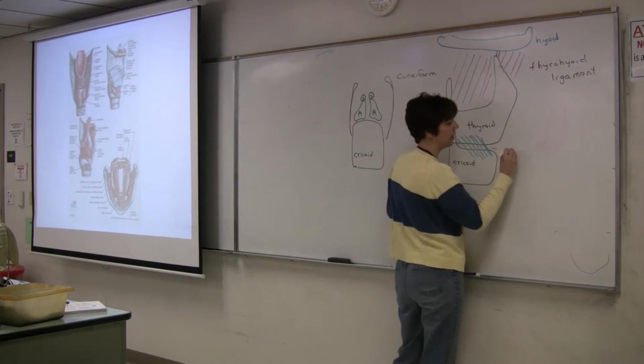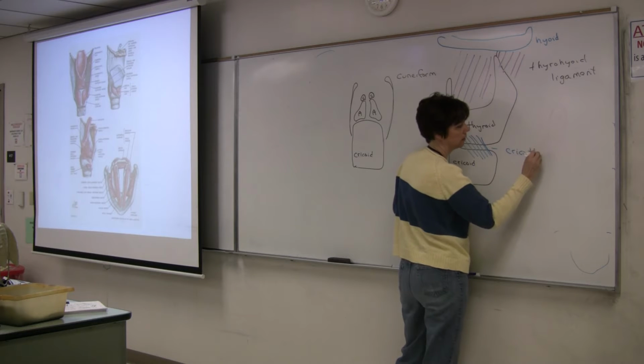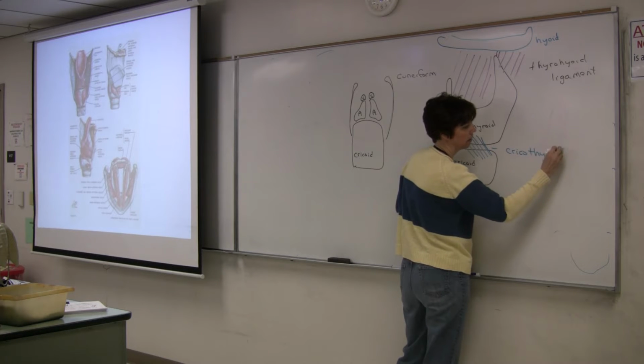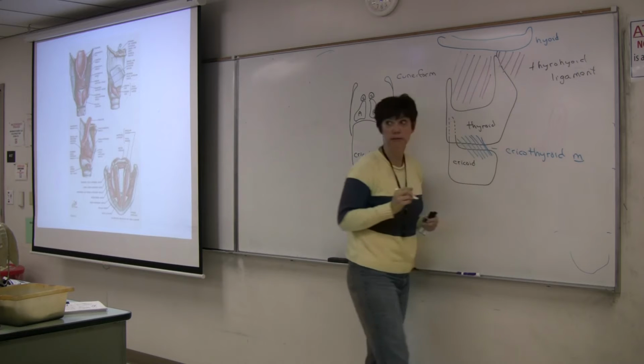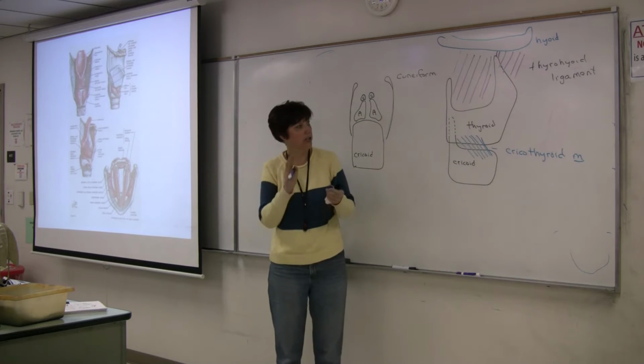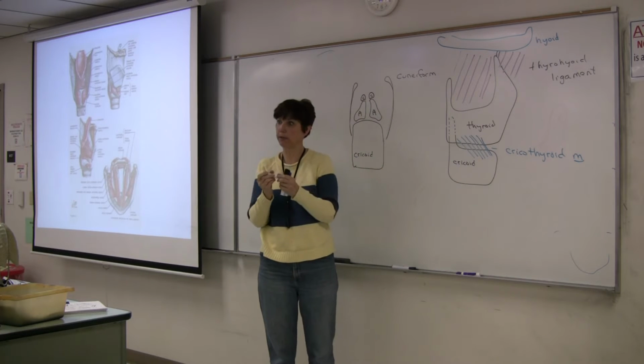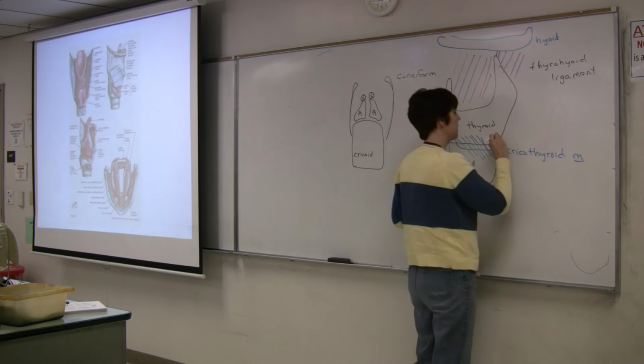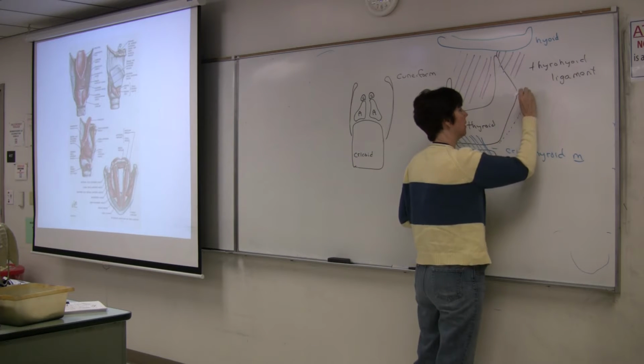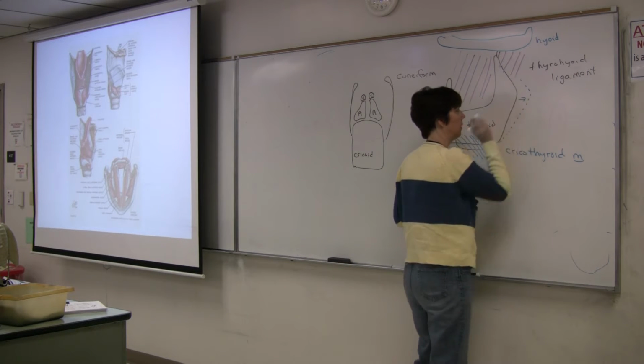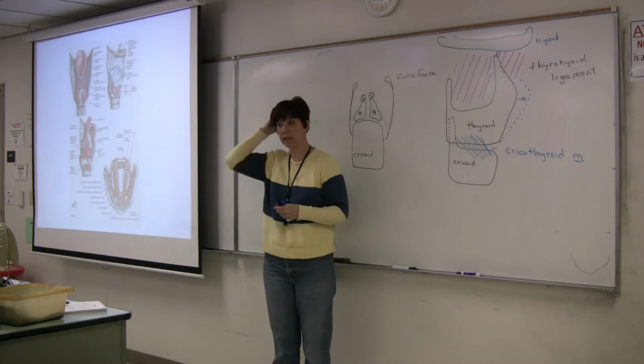And this is the cricothyroid muscle. Its function is to tilt the thyroid forward. So when it contracts, we see the thyroid pulled in that direction.